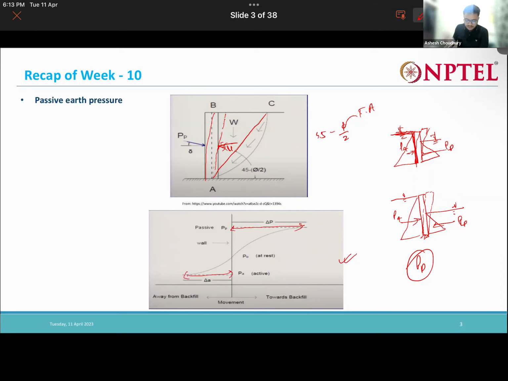In the active case you need a smaller amount of movement so that PA is completely mobilized. Now, if you see here, this point is my earth pressure at rest, the P naught. My passive pressure is higher than P naught, and my active pressure is less than the earth pressure at rest. Okay.